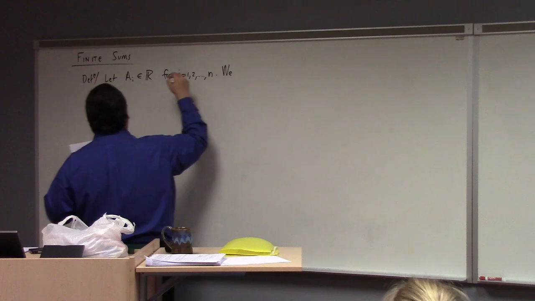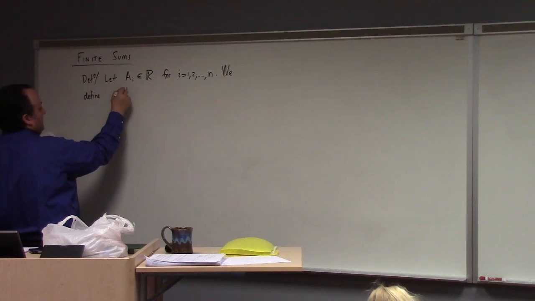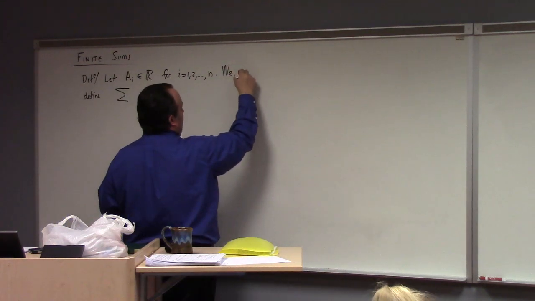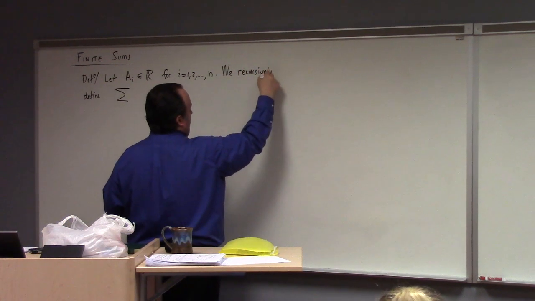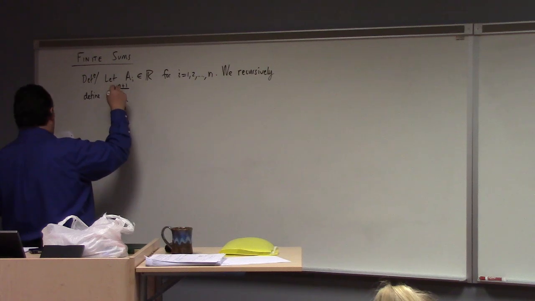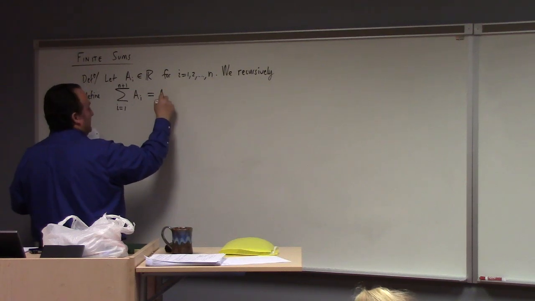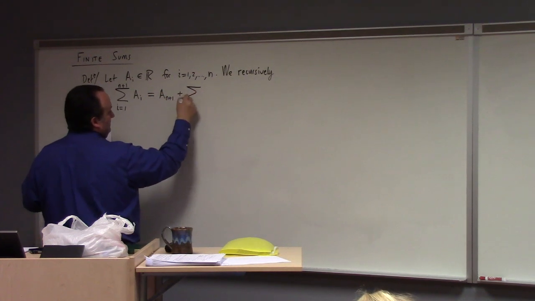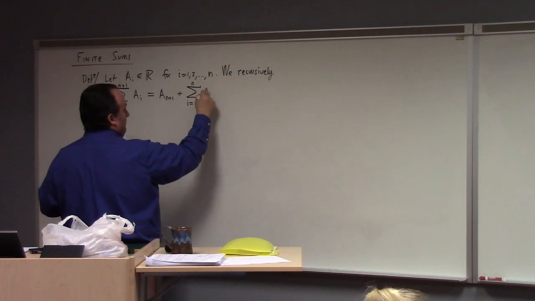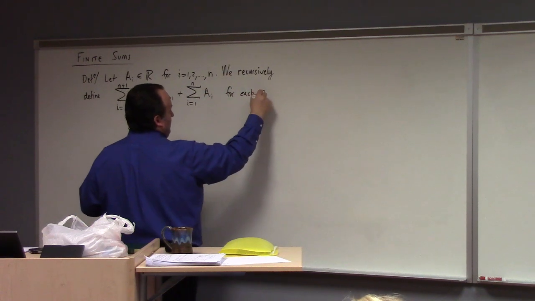Then we recursively define the sum i equals 1 to n plus 1 of a sub i to be equal to a sub n plus 1 plus the summation i equals 1 to n of a sub i, for each n greater than or equal to 1.